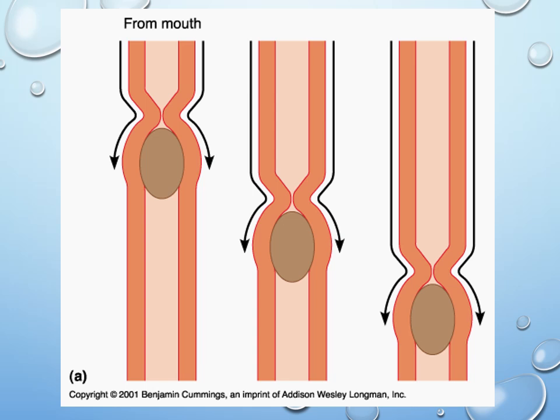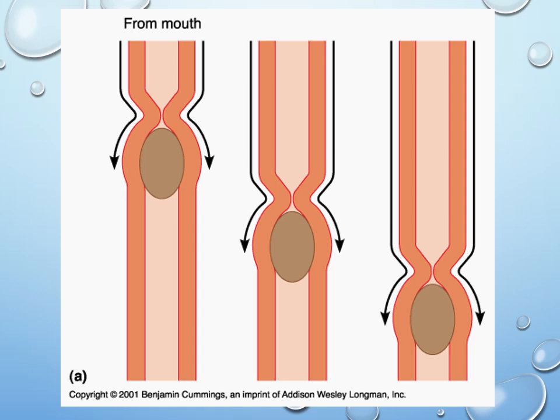This is a picture of peristalsis, and the brown thing represents a little piece of food, and the big thick orange part is the stomach muscle, and it is squeezing that food down farther and farther. And that is that process called peristalsis, and that is mechanical. That is a physical change that is not chemical.